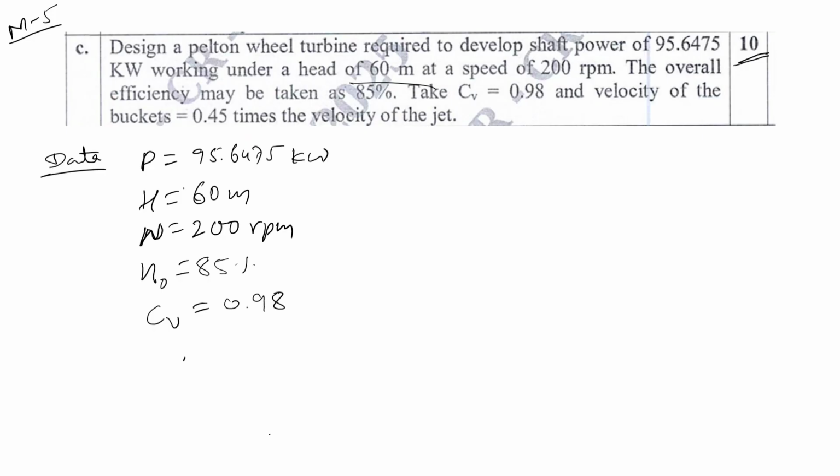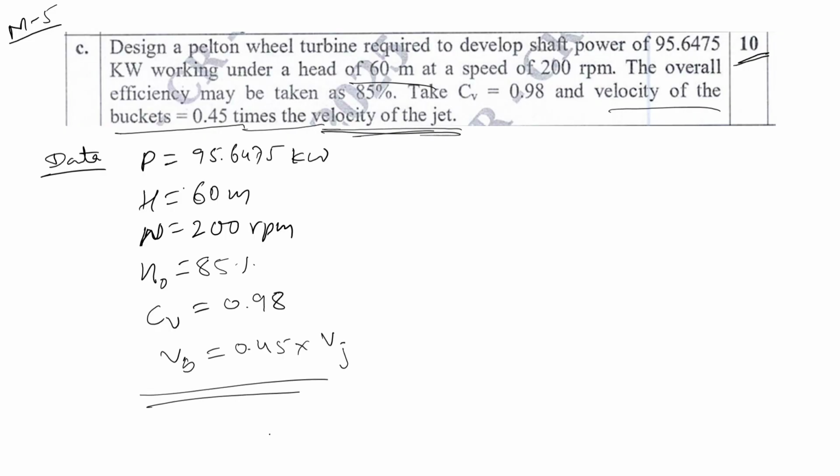Also, they gave a condition that velocity of the bucket equals 0.45 times the velocity of the jet. Therefore, Vb, the velocity of bucket, is equal to 0.45 multiplied by velocity of jet.